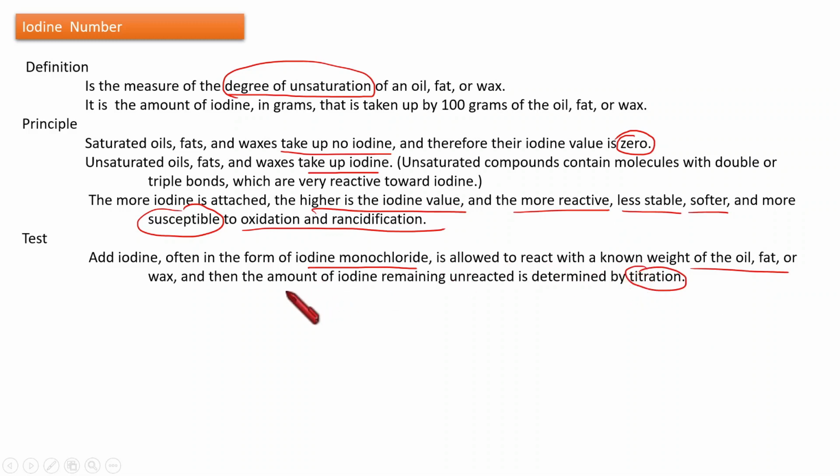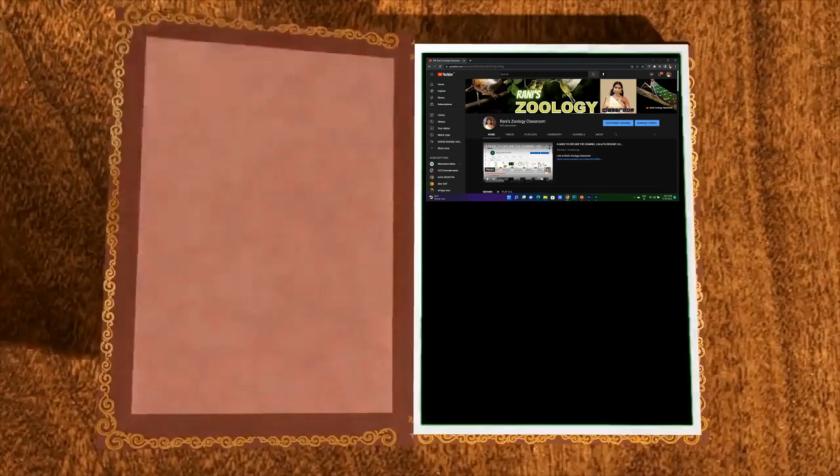To calculate the amount of unreacted iodine present in the solution, to find out unreacted iodine. So that is the simple procedure of that test to find the iodine number. So the important thing is that the fat with high iodine number is more susceptible to rancidification, and it measures the degree of unsaturation. Okay, clear?